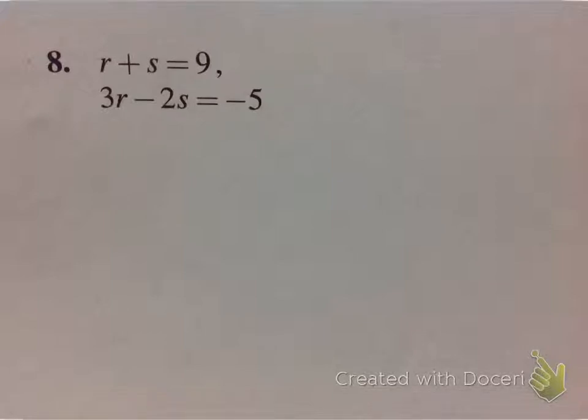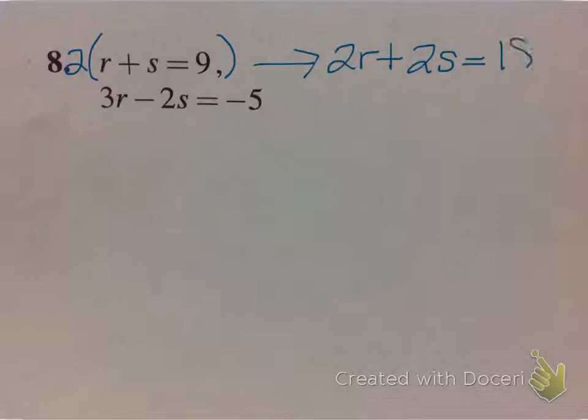I notice that my s's are already opposite signs. One's a positive, one's a negative. So wouldn't it be great if in my top equation my s, instead of being just a single s, was a 2s? So we're going to make that happen. If I multiply everything by 2, that gives me 2r plus 2s equals 18.